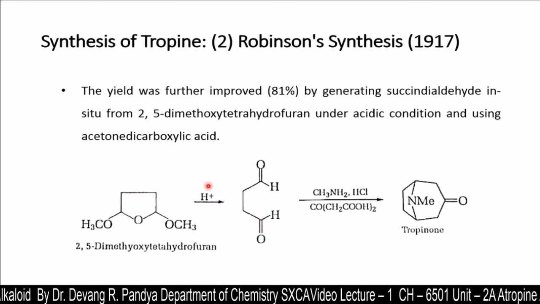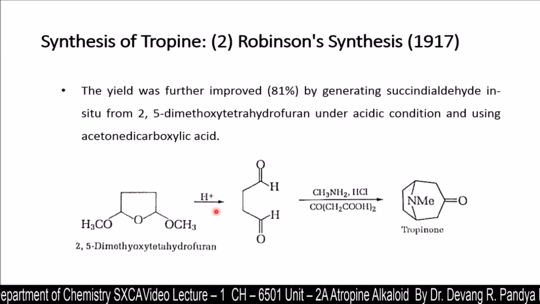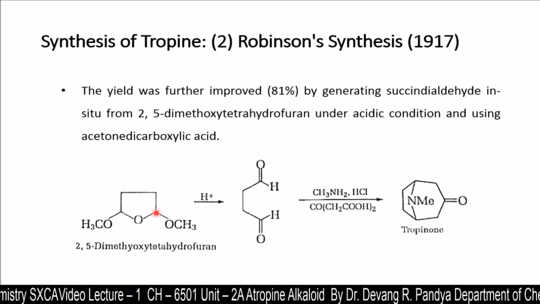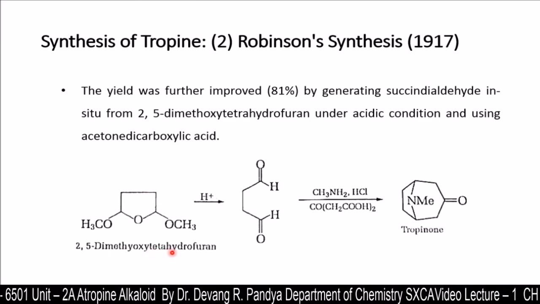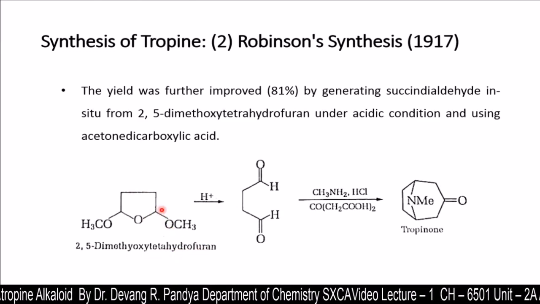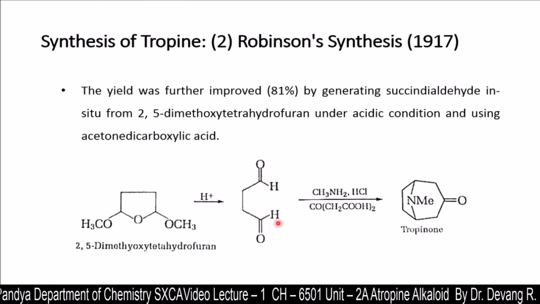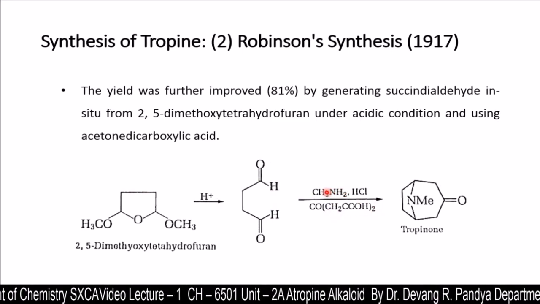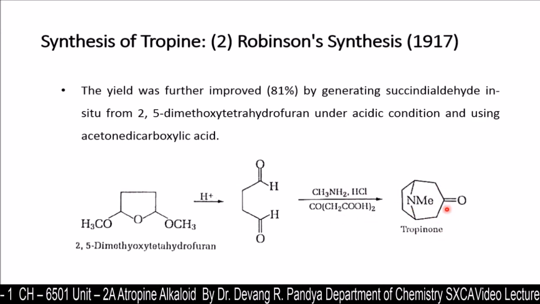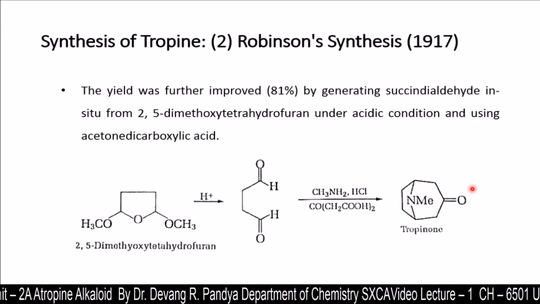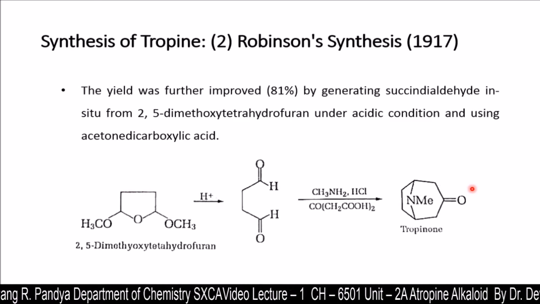So this is a further treatment by which the 40% yield can be increased to 81%. 2,5-dimethoxytetrahydrofuran on treatment with acid gives this dialdehyde. That dialdehyde is treated with methylamine in presence of HCl, and this ester will give us tropinon, and tropinon treated with zinc dust and HI will give tropine, and 81% yield is obtained this way.